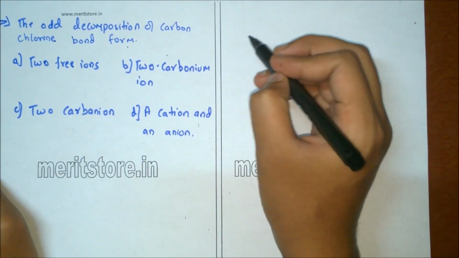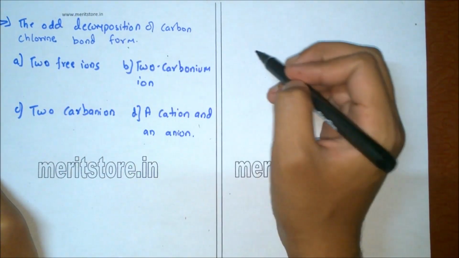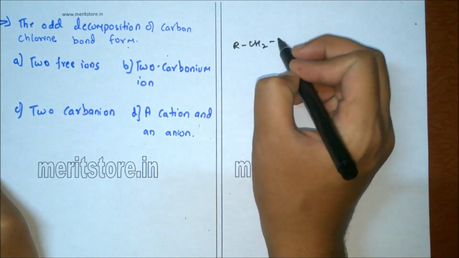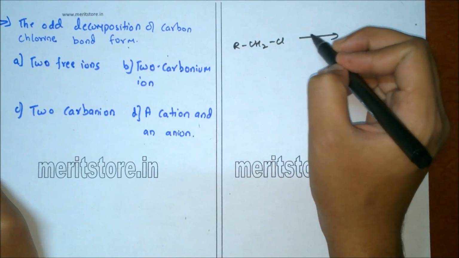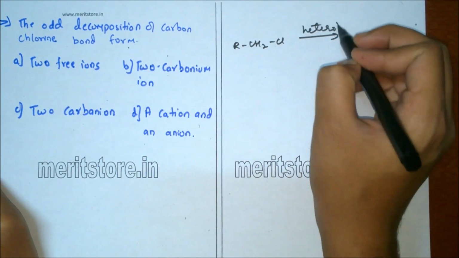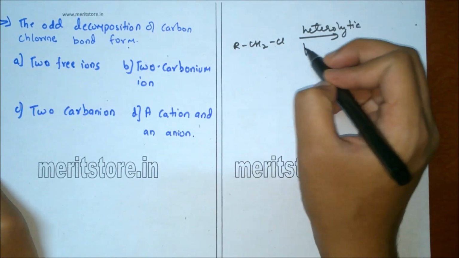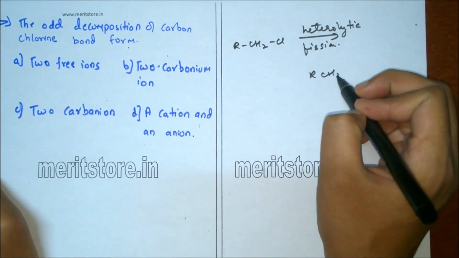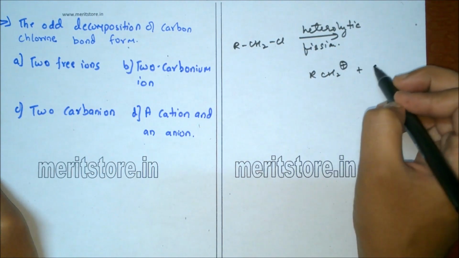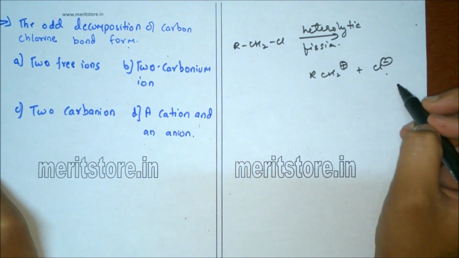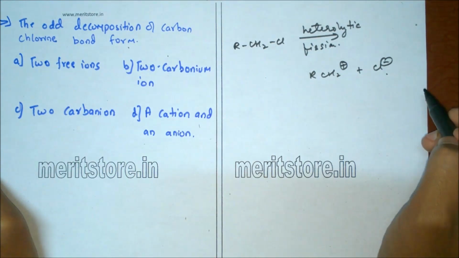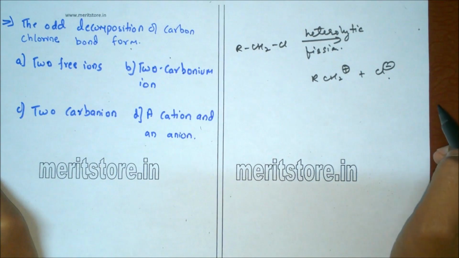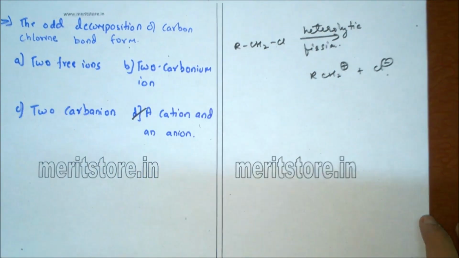So RCH2Cl on heterolytic bond fission will form a cation and an anion. Chlorine is more electronegative than carbon, by which it forms an anion, and the hydrocarbon forms a cation. So option D is the correct answer.